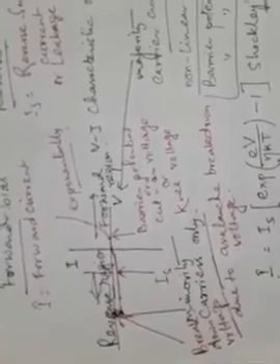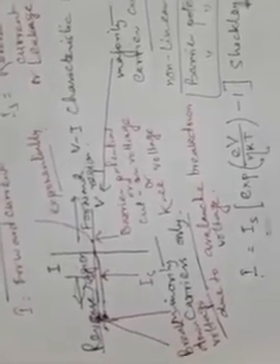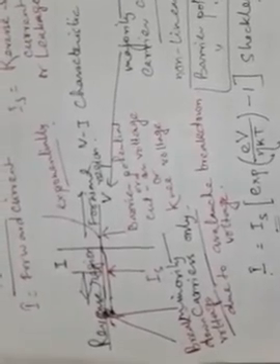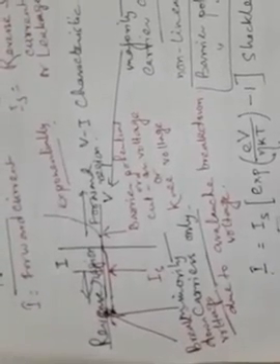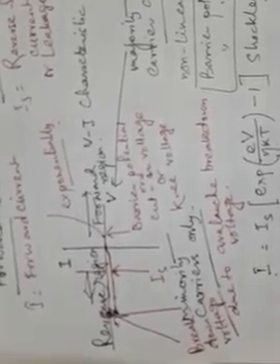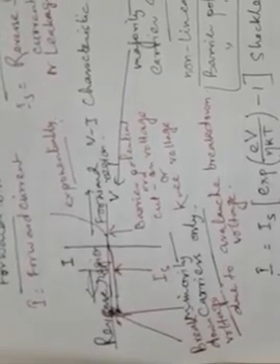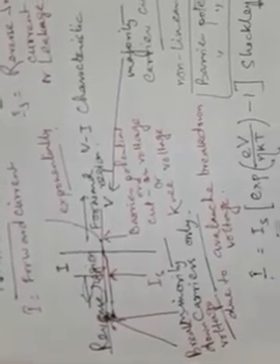And the different terms: Is, you already know, is the reverse saturation current. E is nothing but the electronic charge. V, you already know, is the applied external bias or voltage. Eta is a property specific to a particular type of diode, whether it is silicon or germanium or anything else. K is the Boltzmann constant and T is the temperature across the diode. Now you have to remember the value of electronic charge.